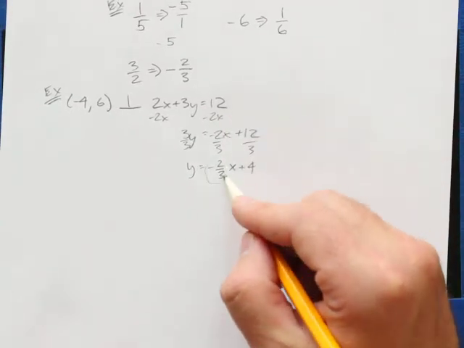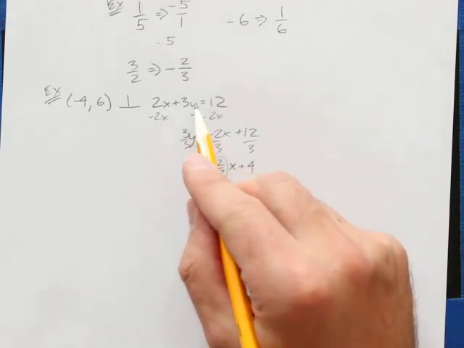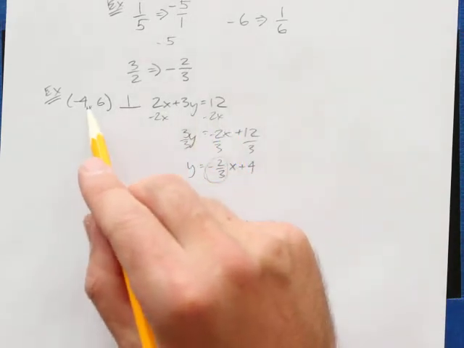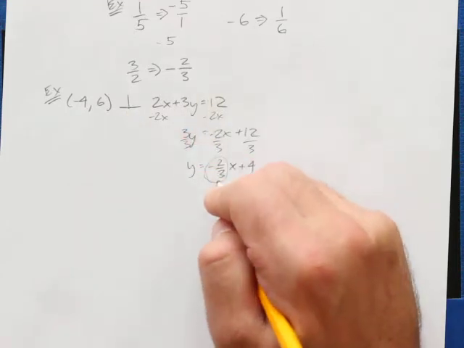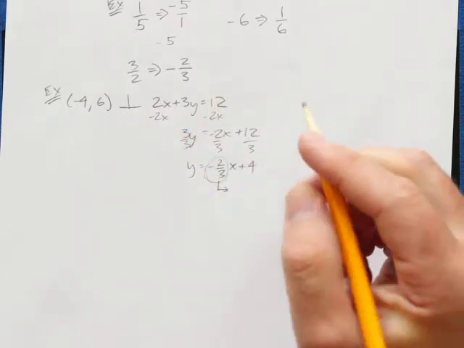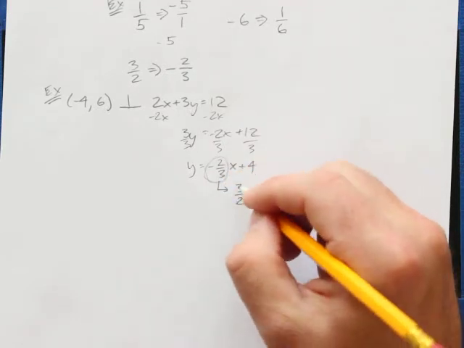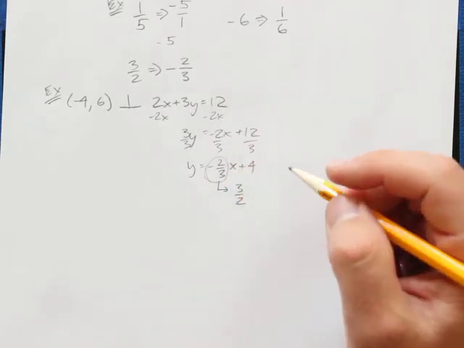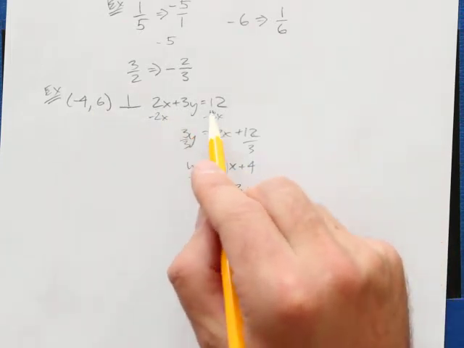Now I know what my slope is. That's the slope of my original line. I want the one that is going to be perpendicular to this, so I need to take this slope and change it to positive 3/2. So I took my opposite reciprocal here. Now that's the slope of my line that is perpendicular to this one.